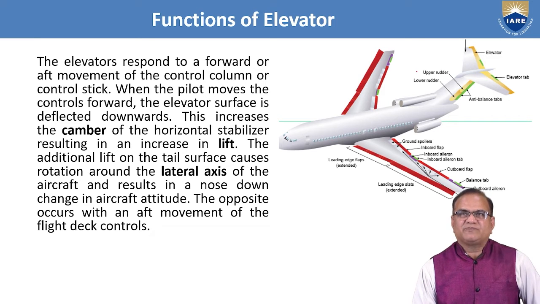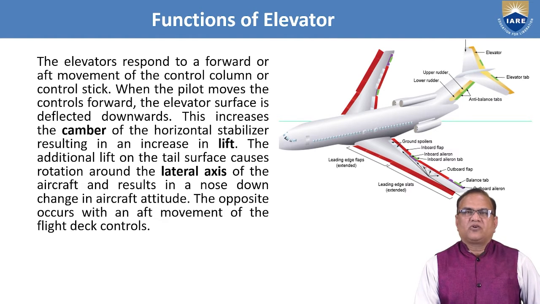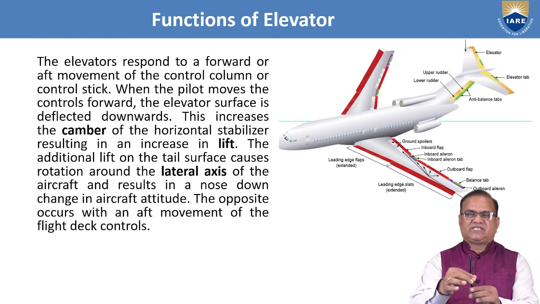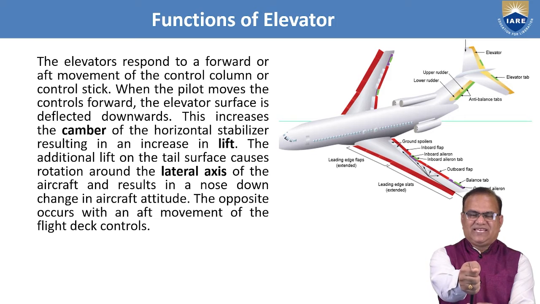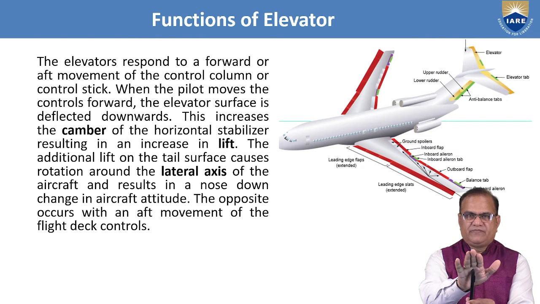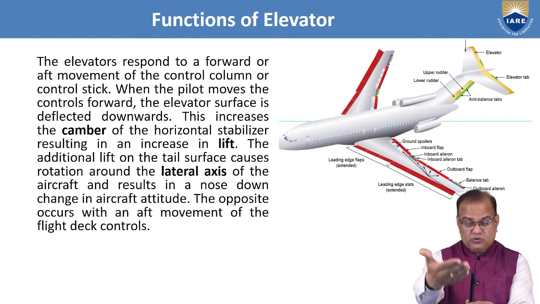The elevator responds to a forward or aft movement of the control column or control stick. When the pilot moves the control forward, the elevator surface is deflected downwards. It is very important: if the pilot moves the stick forward, then the nose should go downward.